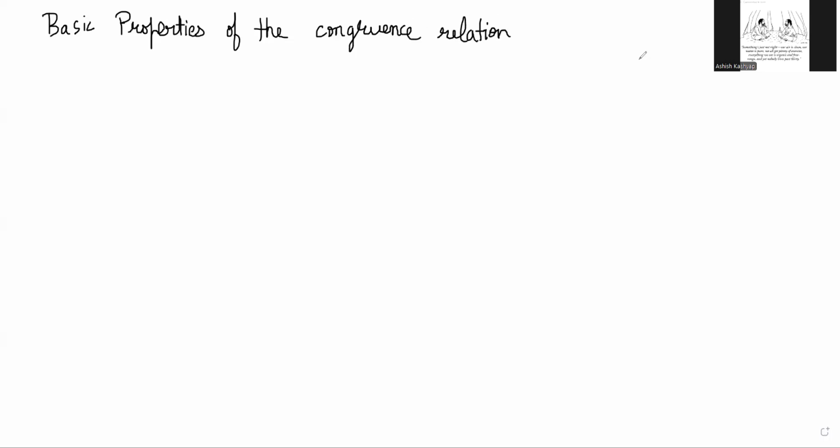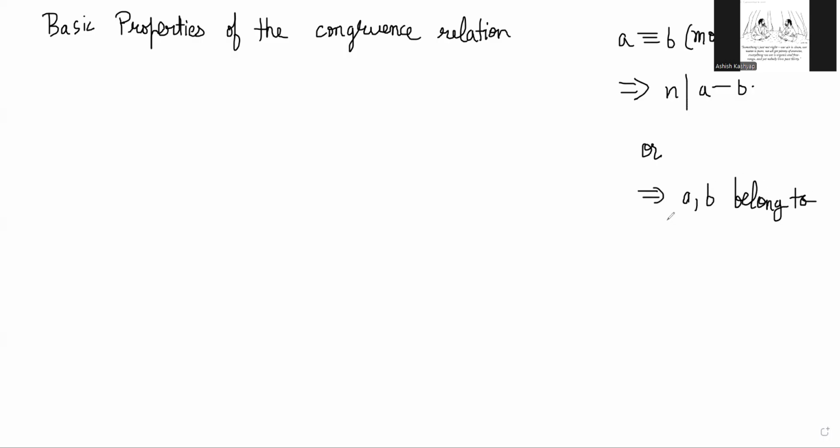Okay. Now we will look at some basic properties of the congruence relation. What is the congruence relation? When I say that, what I mean is A is congruent to B mod n implies n divides A minus B, or implies A and B belong to the same residue class modulo n.